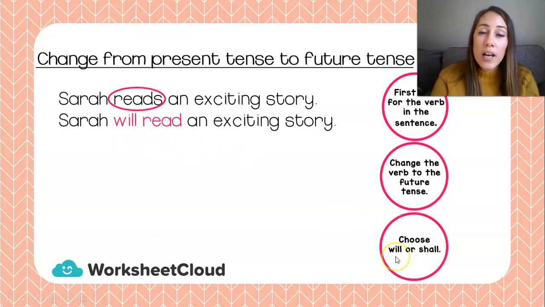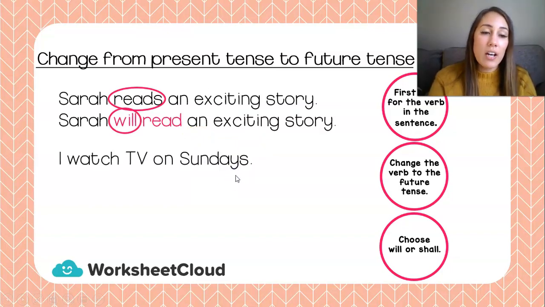So I shall, we shall, and everybody else will. So Sarah is doing the action. So now I say Sarah is not I, Sarah is not we. So Sarah falls under the everybody else. So it will stay will read an exciting story.